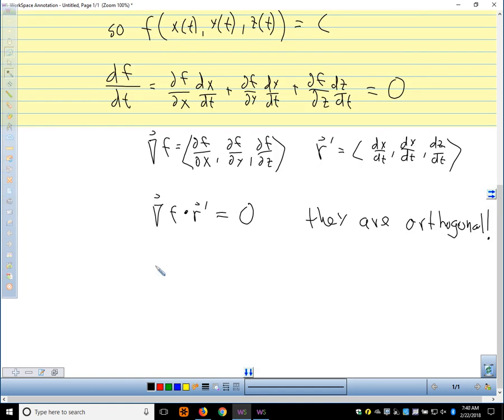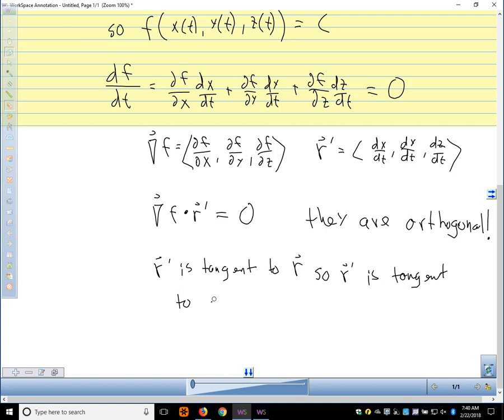R prime is tangent to R. So that means R is on this surface, so R prime is tangent to the surface f of x, y, z equals a constant.